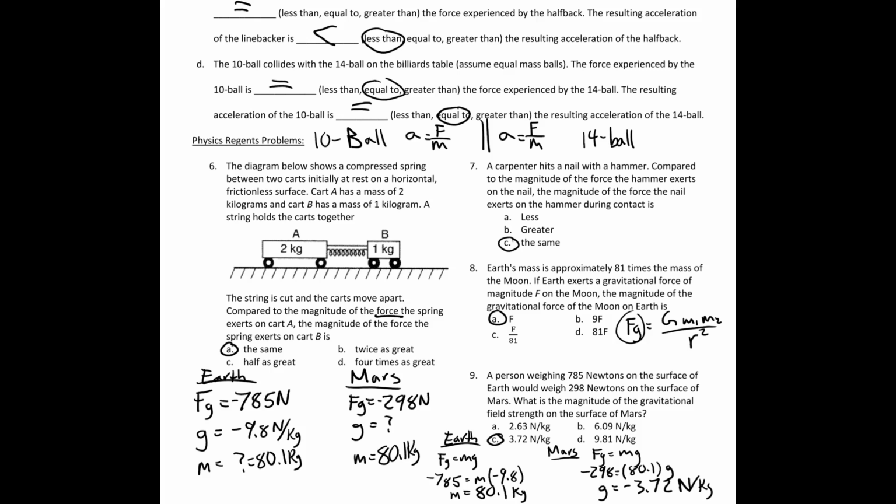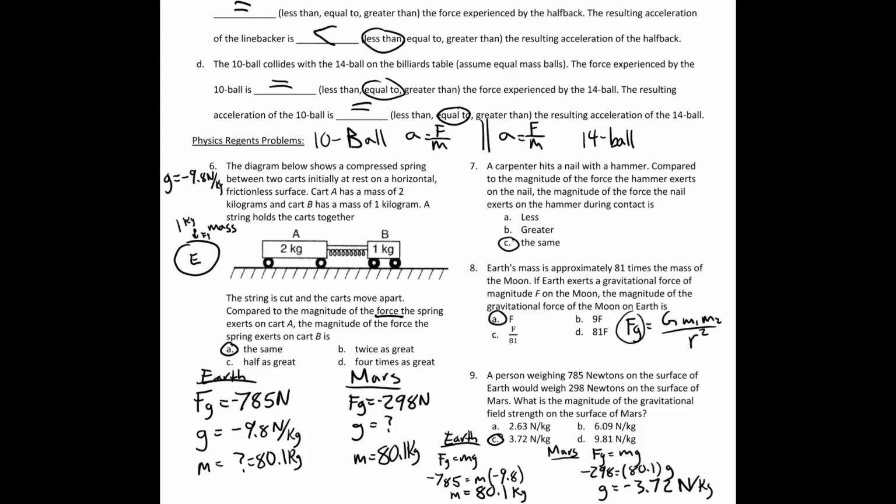In case anybody's still not sure about this gravitational field strength idea, it's basically just measuring the strength of the gravitational fields. If I have Earth here and I have some mass here, let's say it's 1 kilogram of mass. Well, how much force would that kilogram of mass feel? The gravitational field strength tells us that it's 9.8 newtons for every kilogram of mass that you place at this point.